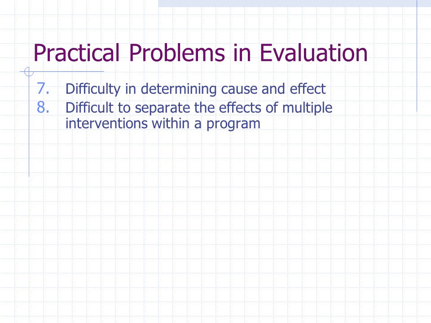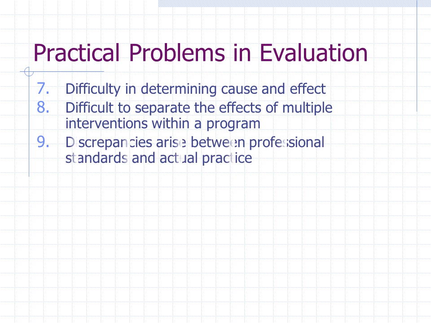If you're doing multiple interventions, as we hope to do with these complex problems, it can be difficult to separate the effects of the interventions if you're seeing changes in impact or outcome. I don't know that that's necessarily an awful thing, but if you're trying to determine which interventions are most effective, it can be difficult to do, given the complex nature of the things that we're looking at.